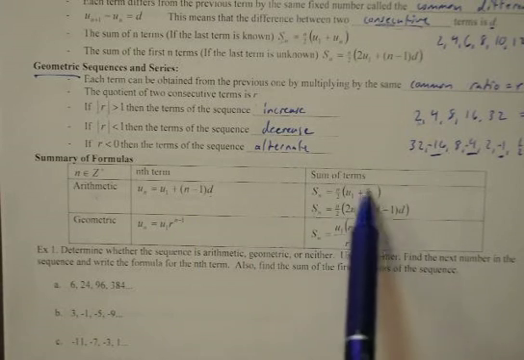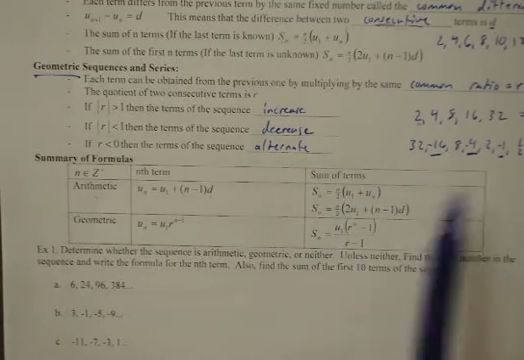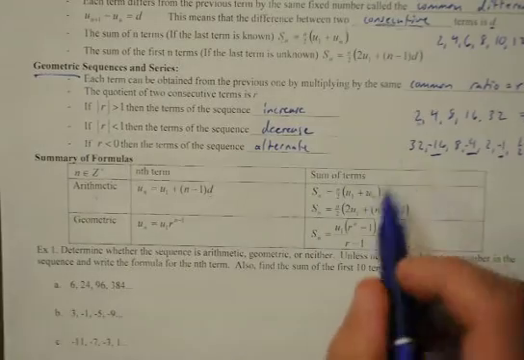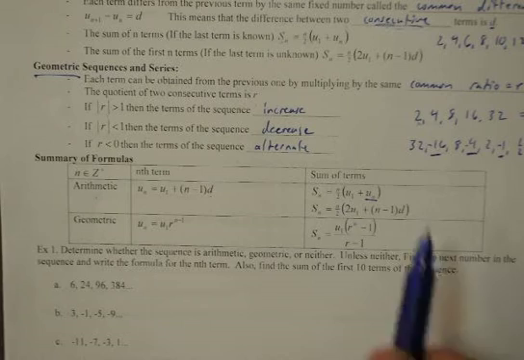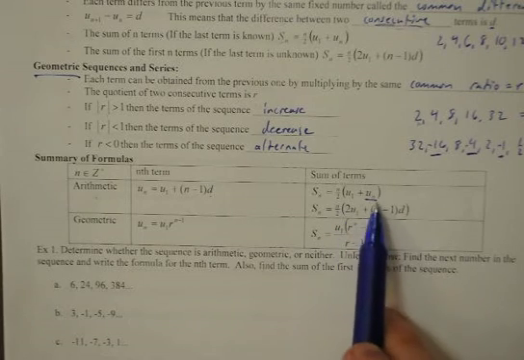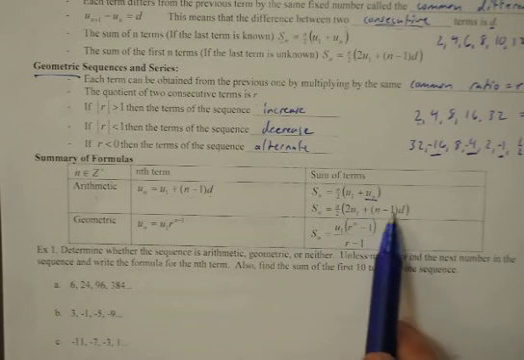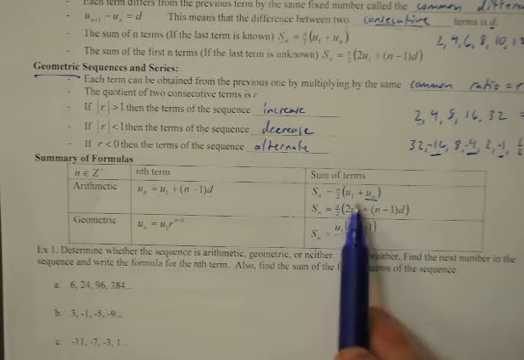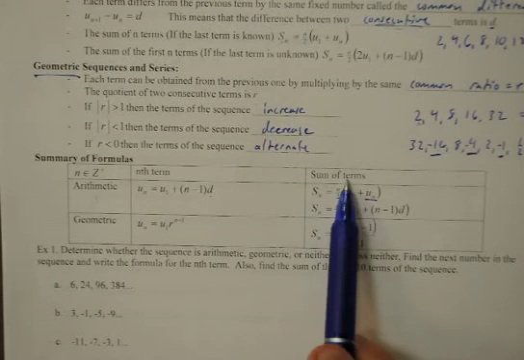You get two equations for the sum of terms. This is if you know what the nth term is, and this one does not require the nth term. There's no use of n there. So you can pick which one you want to use to find the sum.